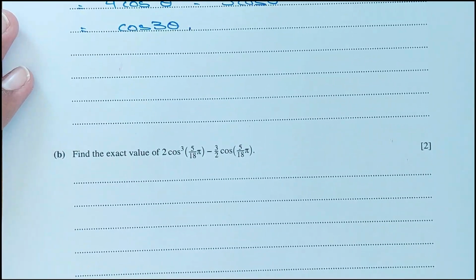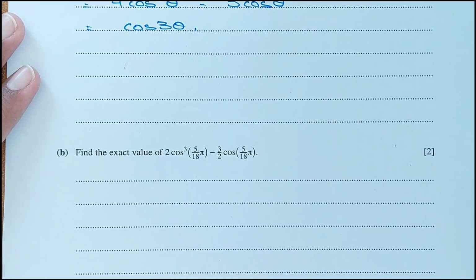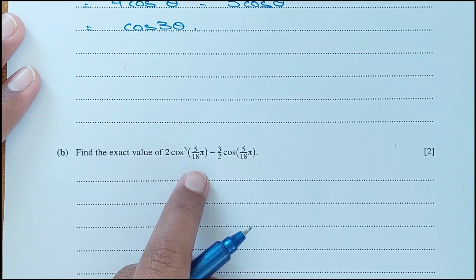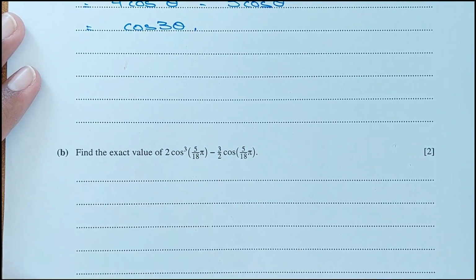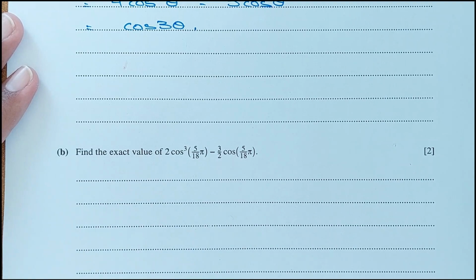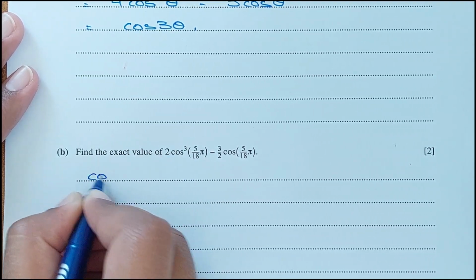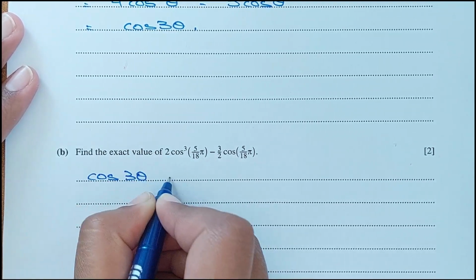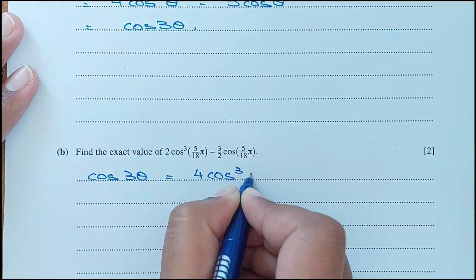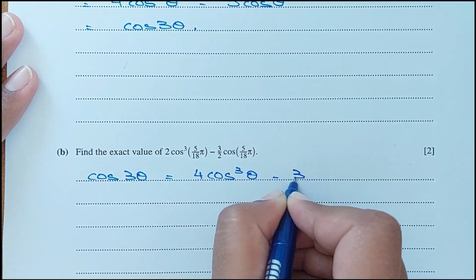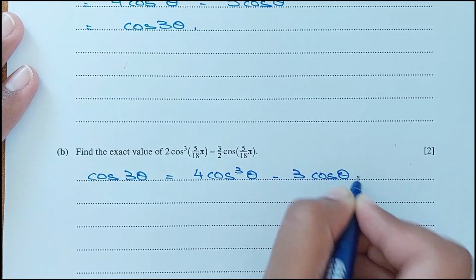Right. Now for part B, find the exact value of 2 cos cube of this minus 3 by 2 cos of this. So if I compare this with, we know that cos of 3 theta is given 4 cos cube theta minus 3 cos theta.